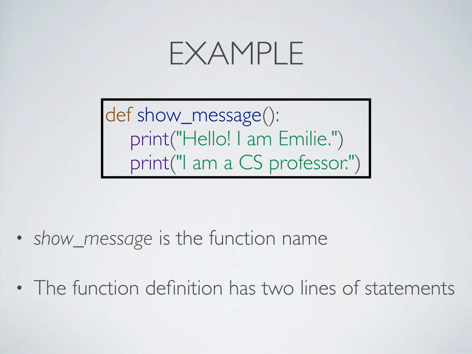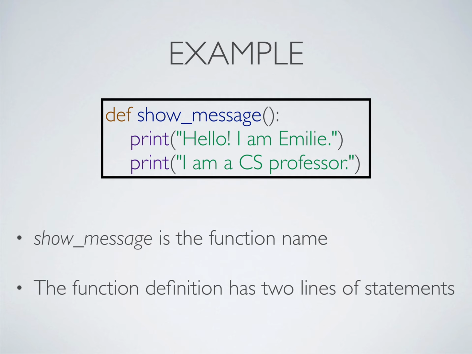And this function has 2 lines of code in it. There's 2 statements that are going to be run when this function goes. They're both print statements, so yes, you can use other functions inside of function definitions. So this function will essentially print these 2 lines. It'll say print, hello, I'm Emily, print, I am a CS professor.